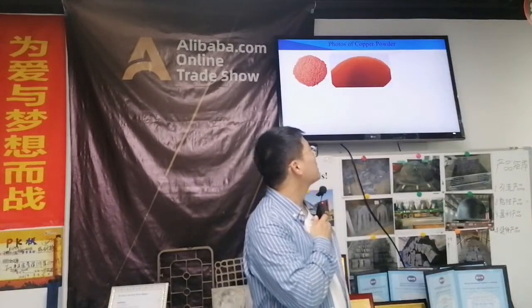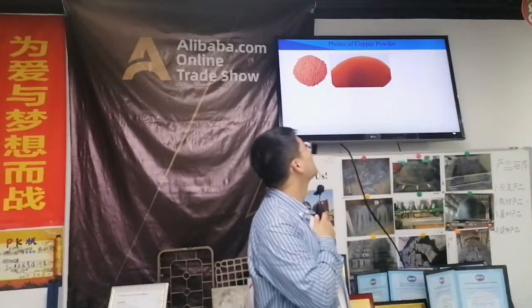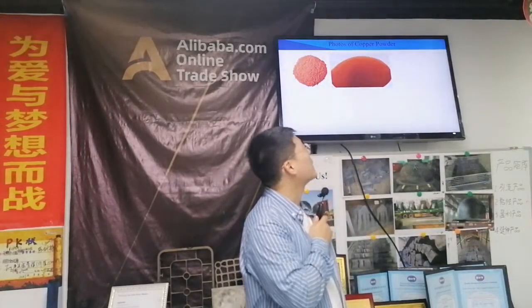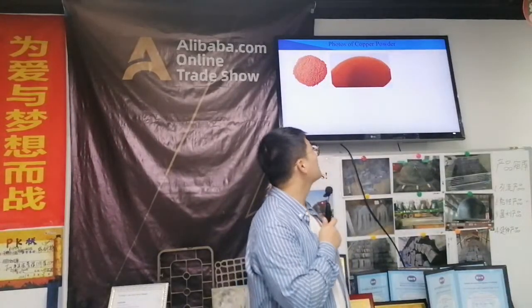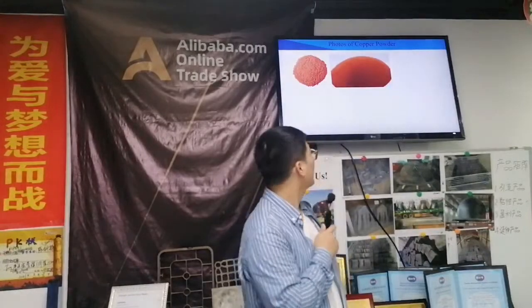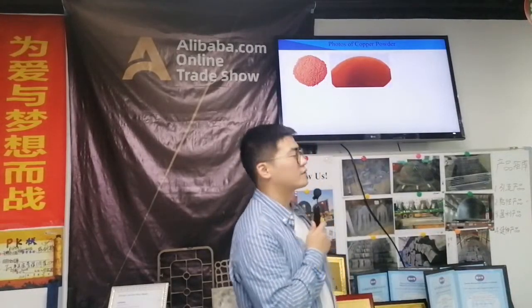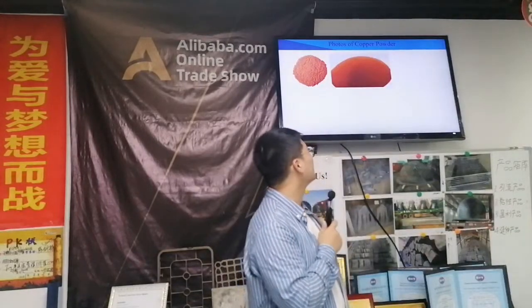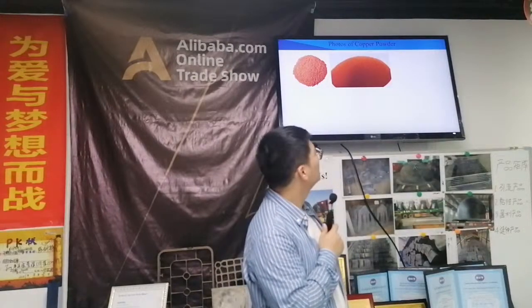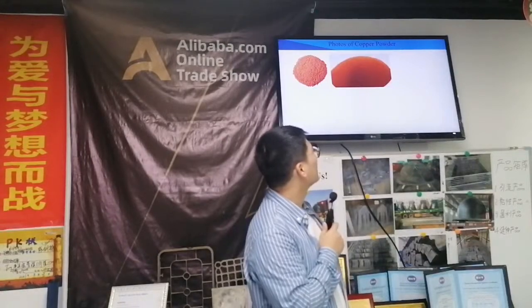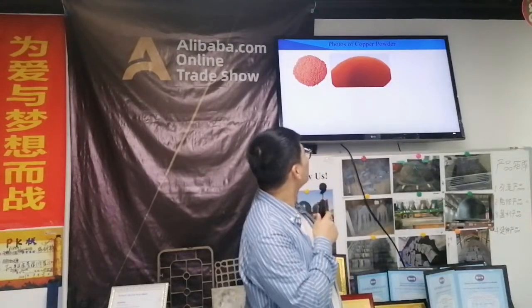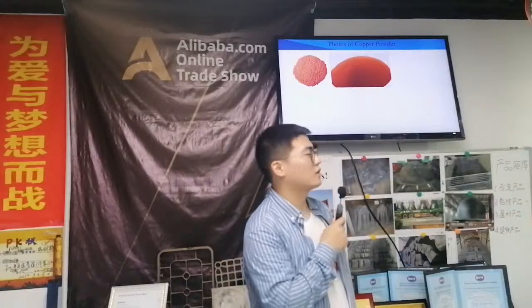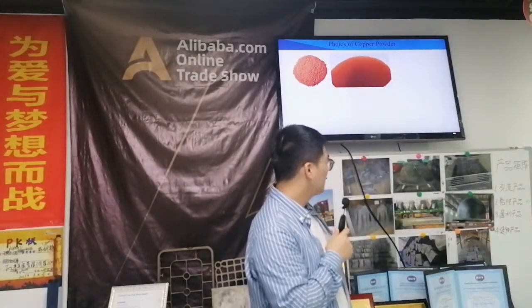So you will see the second picture of the pure copper powder looks better than the first one. If you need the mesh number to be lower, the copper powder will look better.